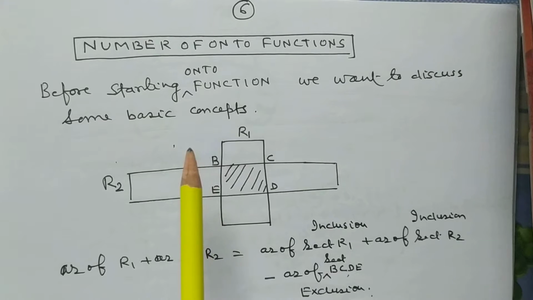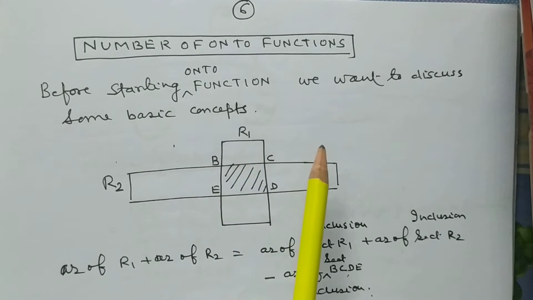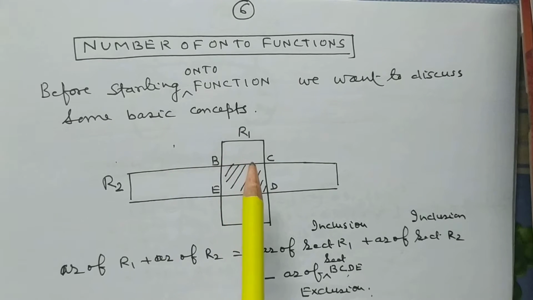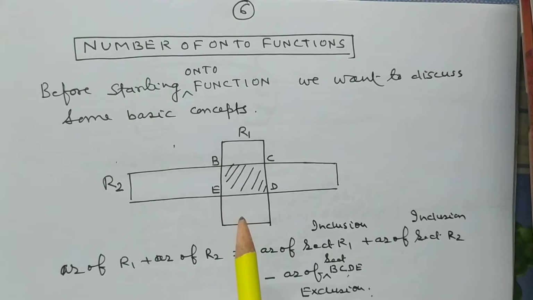Now, before starting with functions, we want to discuss some basic concepts. Suppose here R1 and R2 are two roads, and we want to find the area of these two roads.